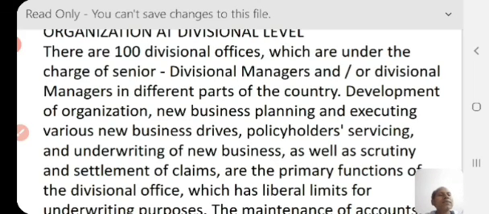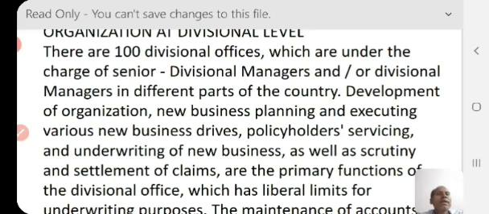Policyholder servicing. These divisional offices render the services to the policyholders and underwriting of the new business.